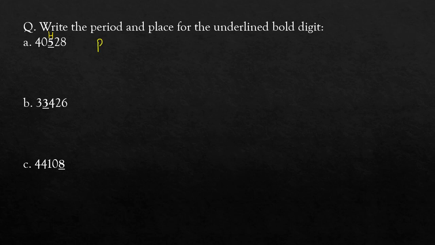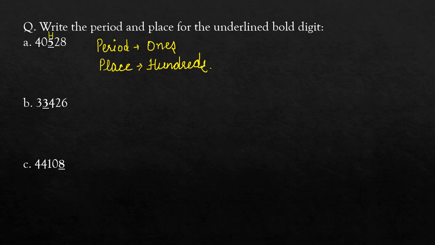So period is ones, because ones, tens and hundreds all lie in ones period. Therefore period is ones and place. You only have to write place of the digit, not place value. So what is the place? Place is 100. Period is ones and place is hundreds.